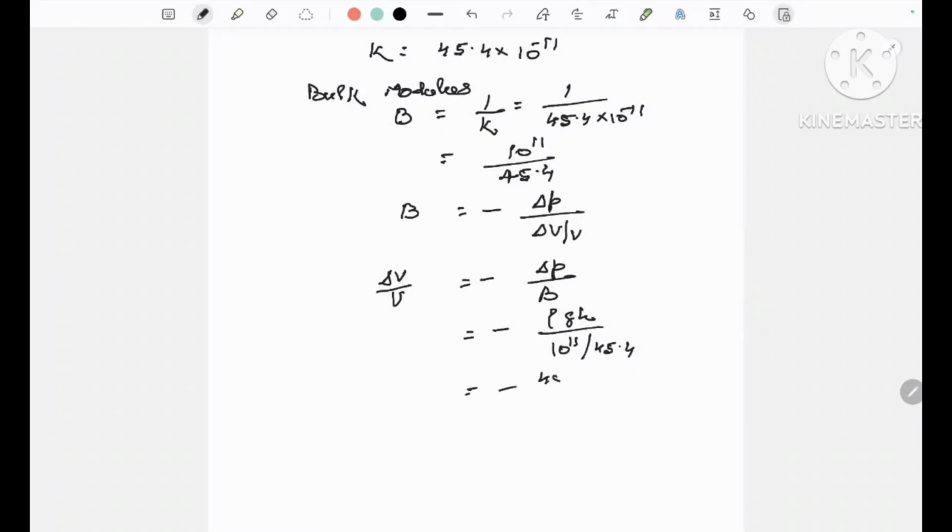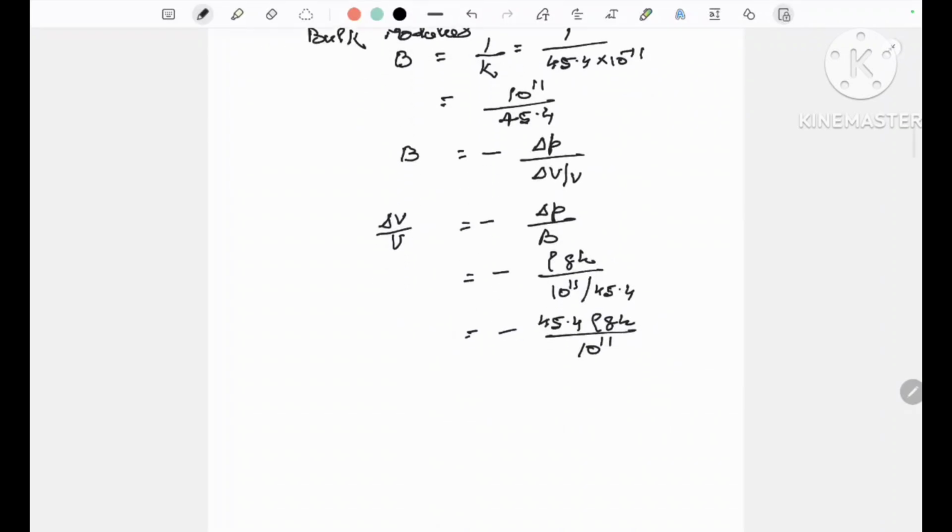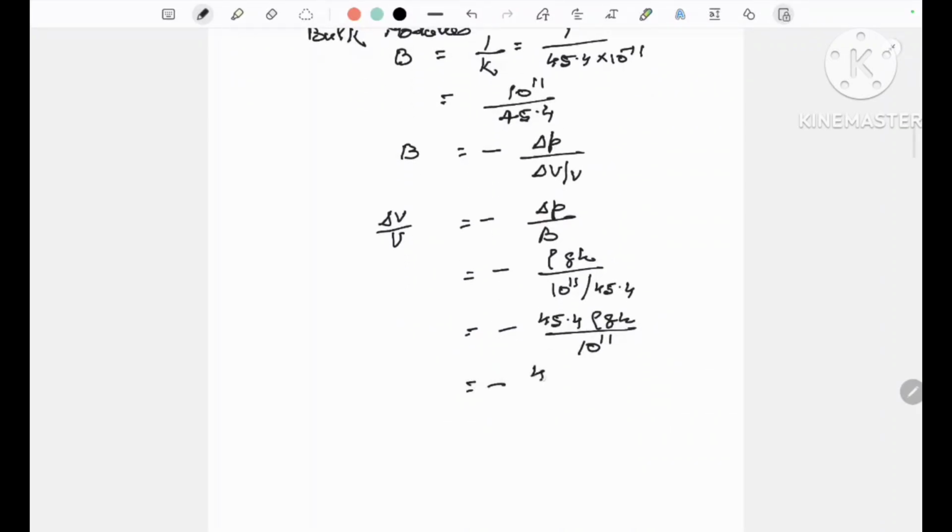So minus 45.4 rho g h by 10 to the power 11, which is minus 45.4 into 10 to the power 3 into 9.8 into 2700 by 10 to the power 11.